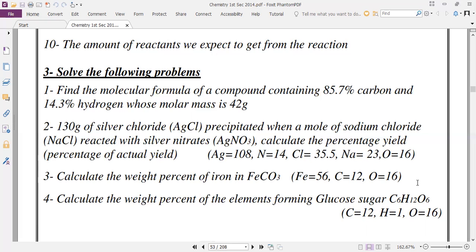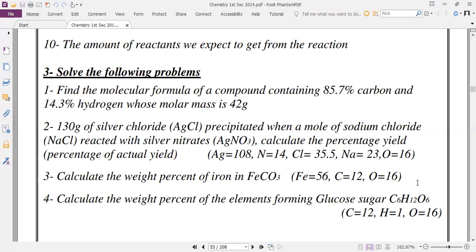It will be 56 gram. Okay, excellent. So what about the weight percent? It will be the mass over the molar mass times 100. It will be 48.26, by approximation 48.30. Excellent, Mariam.